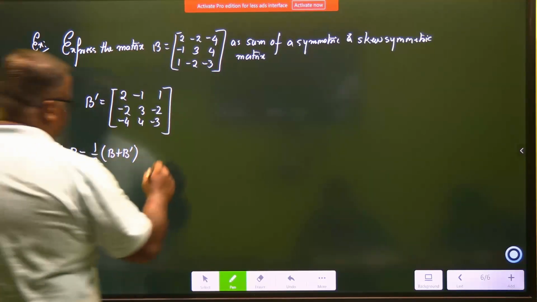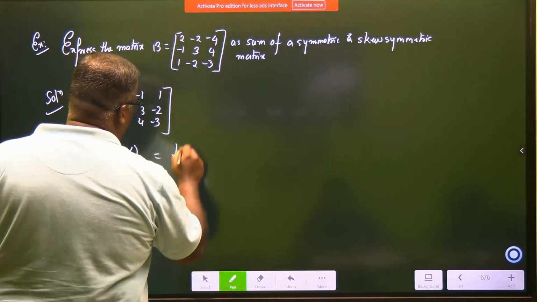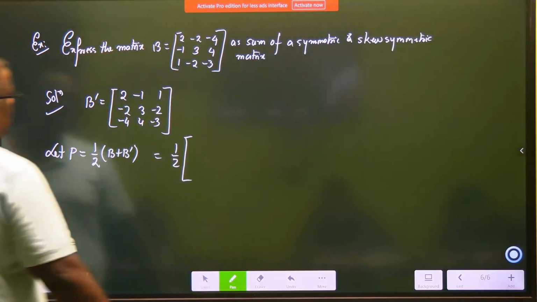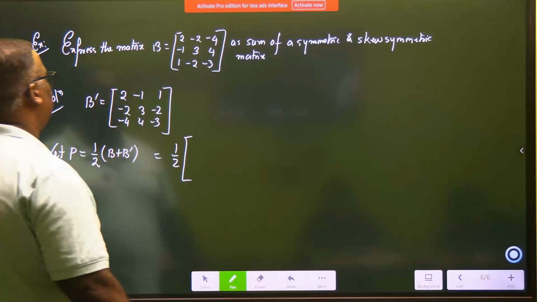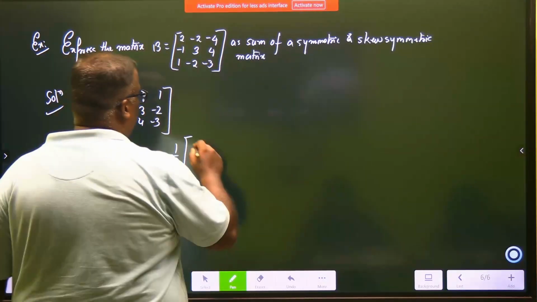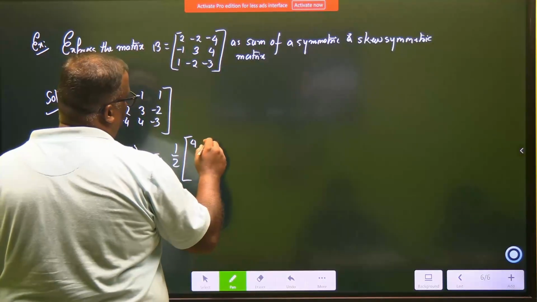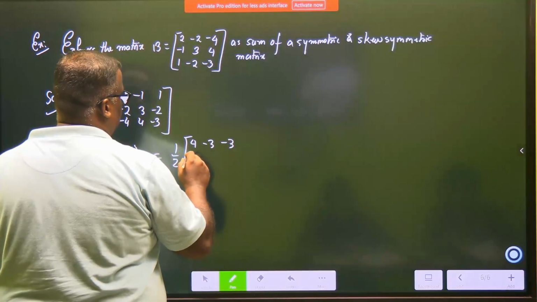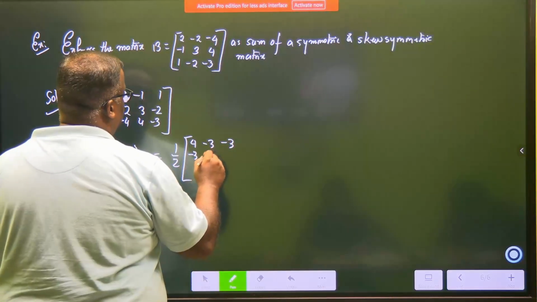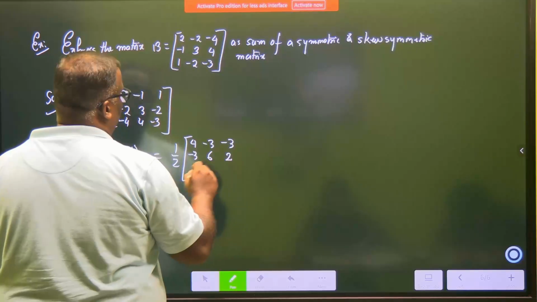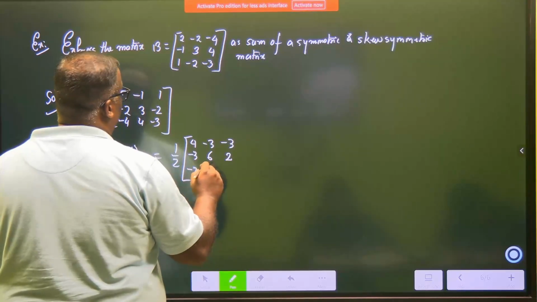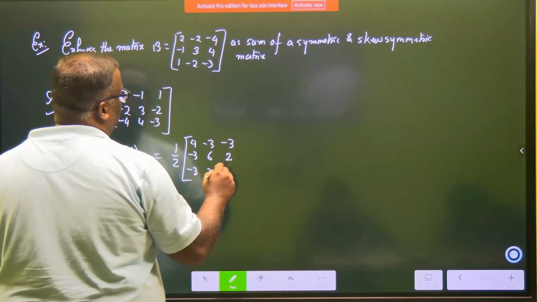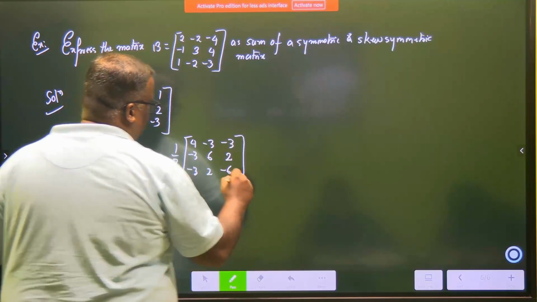So this would be a half. Let's go inside. B and B prime you are adding, right? So 2 and 2 will give you 4, -1 and 2 will give you -3, 1 and -3, and this is -3, and this is 6, this is 2, -3, 2, -6.